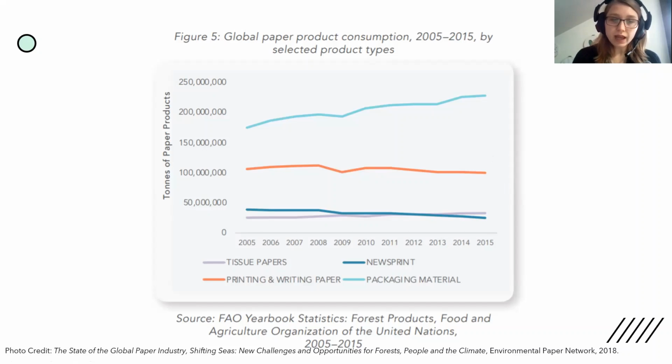And then down here, more on the lower end, we have newsprint. Most of our news we get online now, and so there's not a large demand anymore to have printed newspapers. And then tissue paper, such as paper towels, tissues and products along those lines.